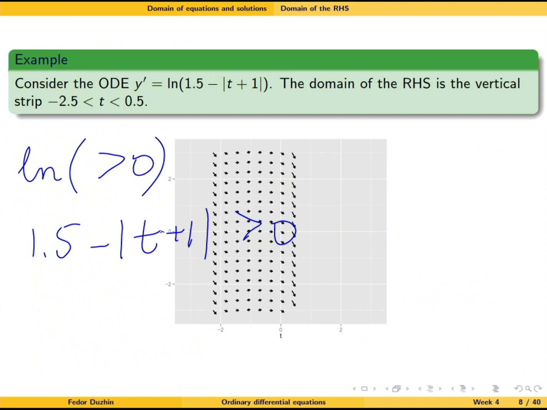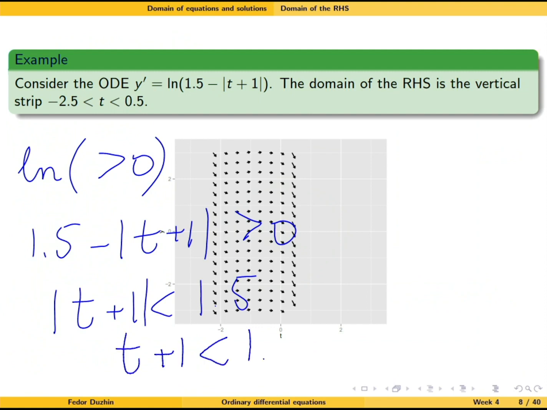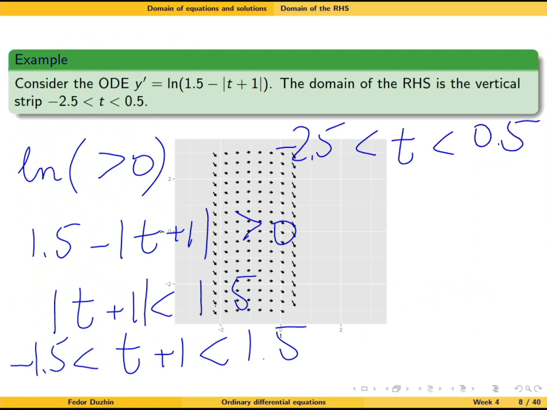You can solve this: the absolute value of t plus 1 is less than 1.5, or t plus 1 itself is less than 1.5 and bigger than negative 1.5. So t is between minus 2.5 and 0.5, and this is what you see.